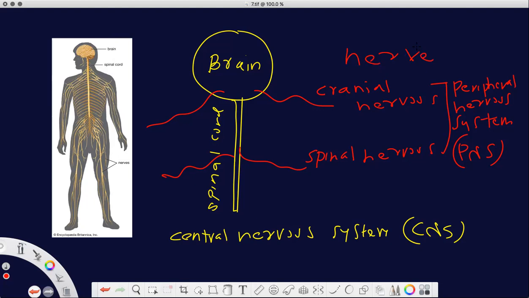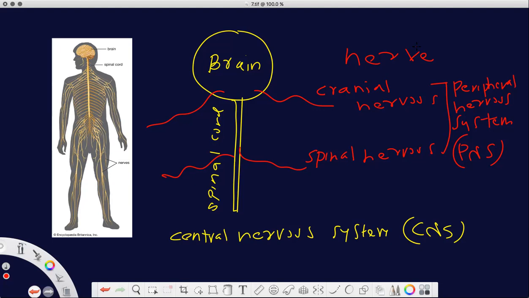Nerve may be a collection of several neurons making a big pathway, and this pathway is referred as nerve. So it could be many neurons make one big visible structure which is called nerve.